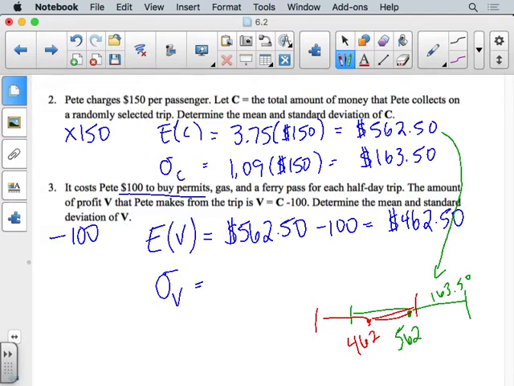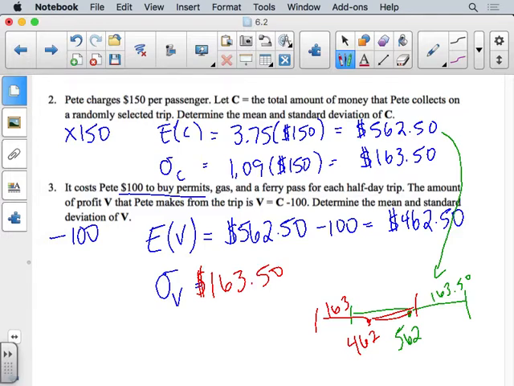No. The spread just moves in like a block. So this spread number is still $163. So standard deviation is actually still the same at $163.50. So the mean changed, but the spread from that number, it didn't change. It's still the same amount from there.